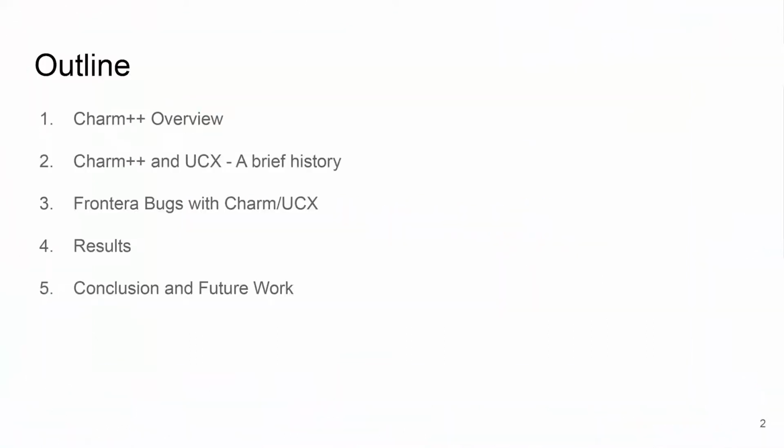So this is the outline of my talk. I'll initially be giving an overview of Charm++. For those of you who don't know, in last year's workshop, I mentioned more about the underlying details and the implementation. So this time I'll keep it brief. And I'll also then talk about Charm++ and UCX and the brief history of what has happened over the last 1 year or so.